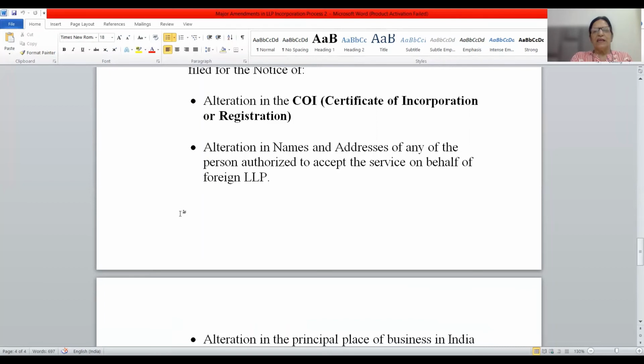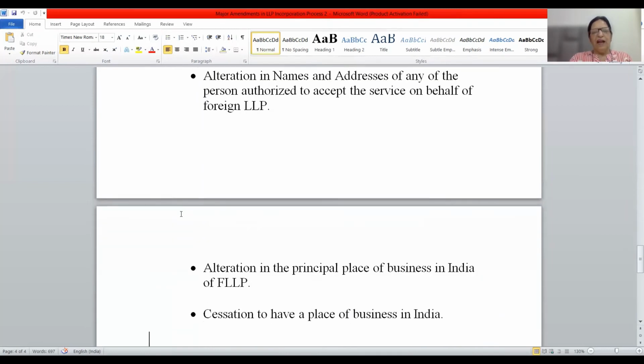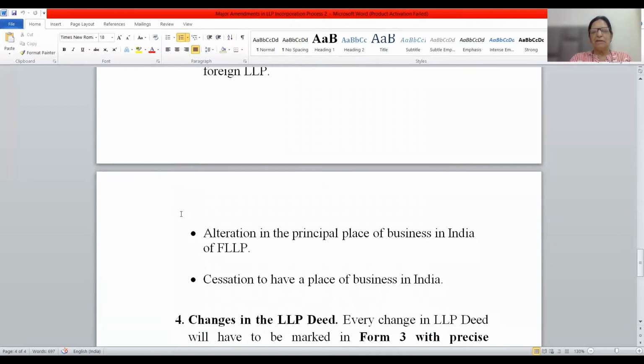Then alteration in the names and addresses of any of the persons authorized to accept the service on behalf of the foreign LLP. If any change takes place in his name or address, then also this form needs to be filed. Another is alteration in the principal place of business in India.